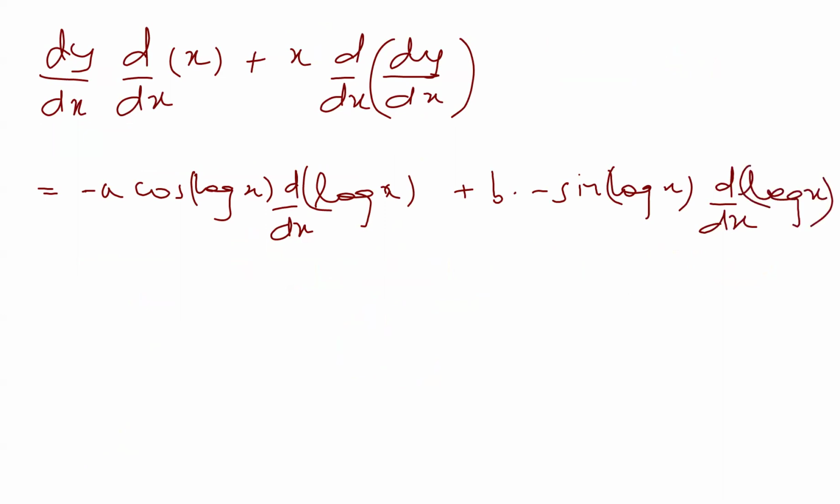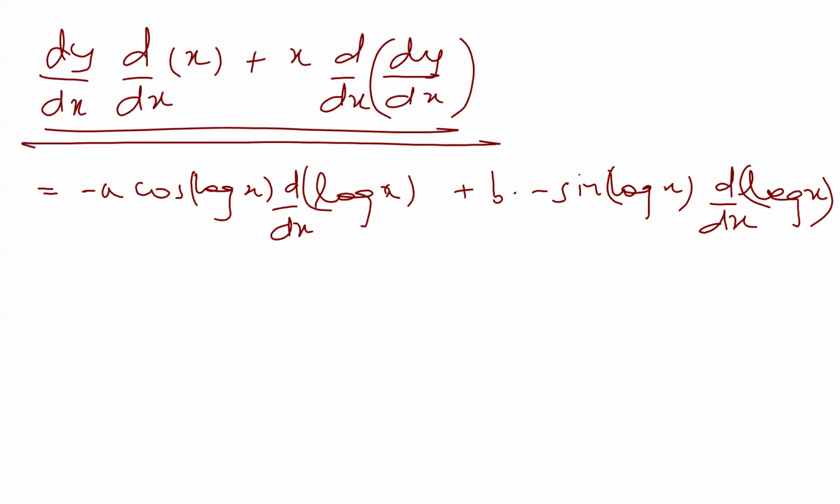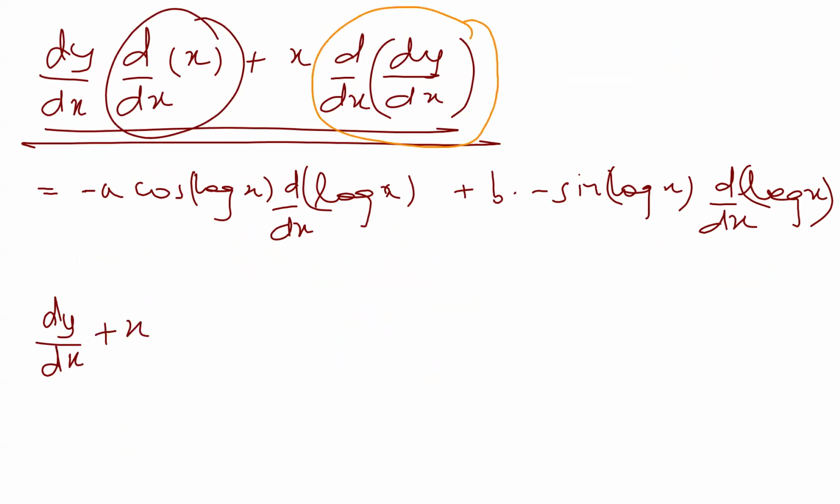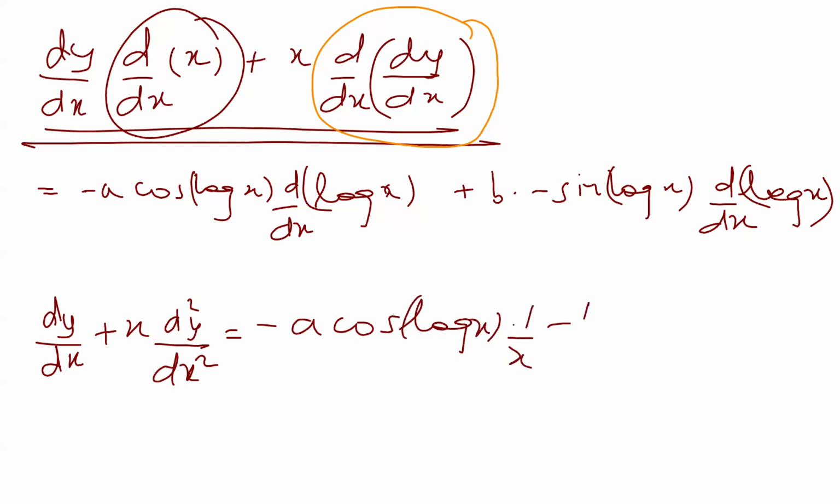Now this part, d by dx of x is 1, so we need not write that one. Plus x into the derivative of dy by dx, so it's d square y by dx square, equal to minus a cos log x into 1 upon x minus b sin log x into 1 upon x.